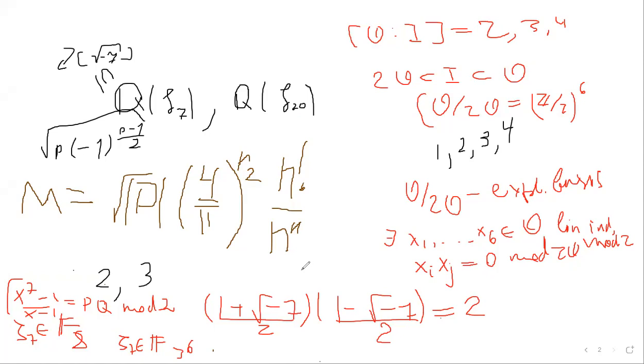So that means that O mod this guy is going to be what? Z over 8? Oh, mod this guy is F8.